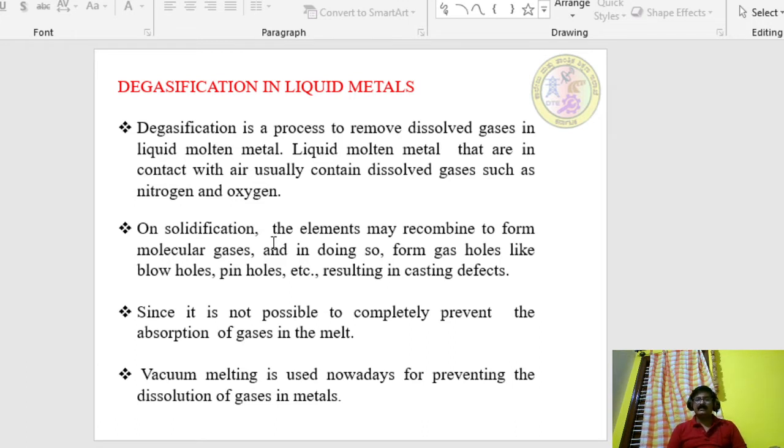That may also affect the solidification parameters. Since it is not possible to completely prevent or eliminate absorption of gases in the melt during melting of the metal in a crucible, vacuum melting is generally used nowadays to prevent dissolution of these gases in the metal and eliminate certain casting defects.